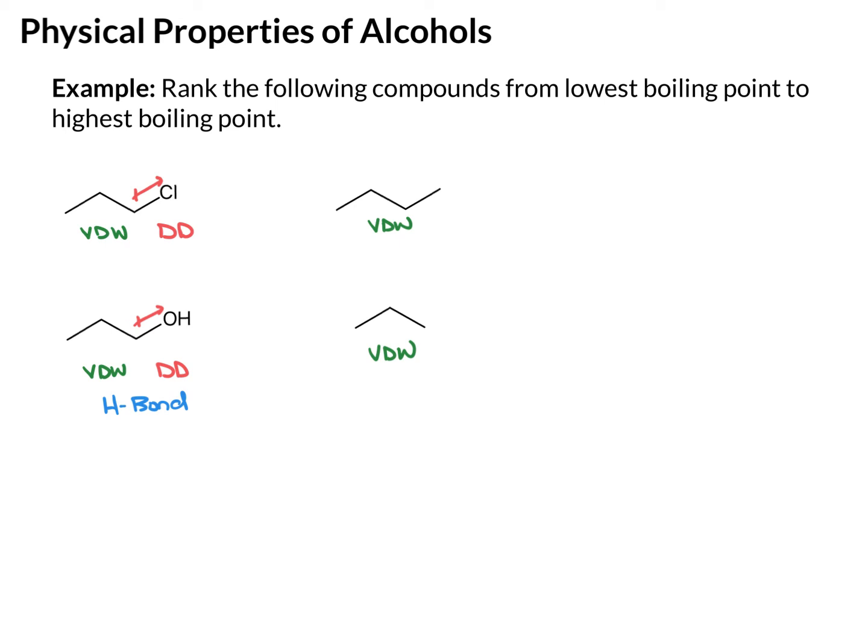So based on this, we can already start to make an arrangement. So we can say that this molecule with the OH has the most intermolecular forces, so it's going to have the highest boiling point. So let's put it at the top of our list. And that will be followed by the molecule with the chlorine.